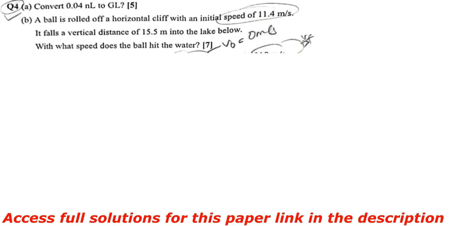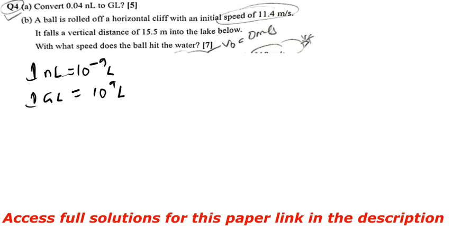What you need to know is that 1 nanoliter is basically equal to 10 raised to the power negative 9 liters. Then at the same time, 1 gigaliter is 10 raised to the power 9 liters. So it is more like the opposite of each other. So it is better for us to come from nanoliter to liter than from liter to gigaliter. You know what I'm trying to tell you?